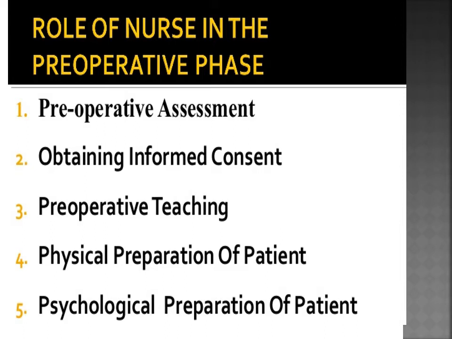It is mandatory that we need a minimum of 6 to 8 hours of fasting, or nil orally, as we call it. All this has to be documented in the patient's notes. Prior to this, we should also be very thorough about the patient's medications.